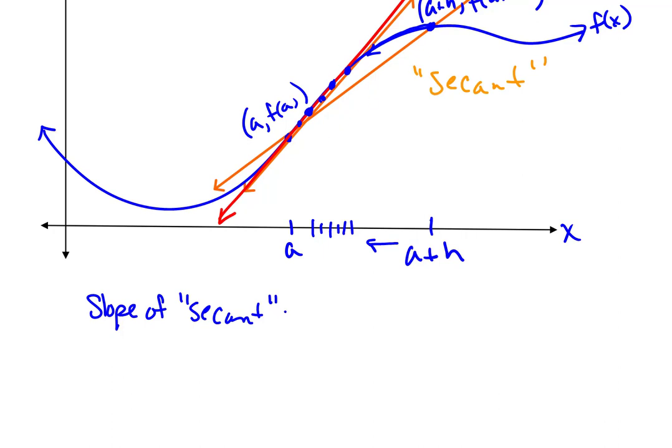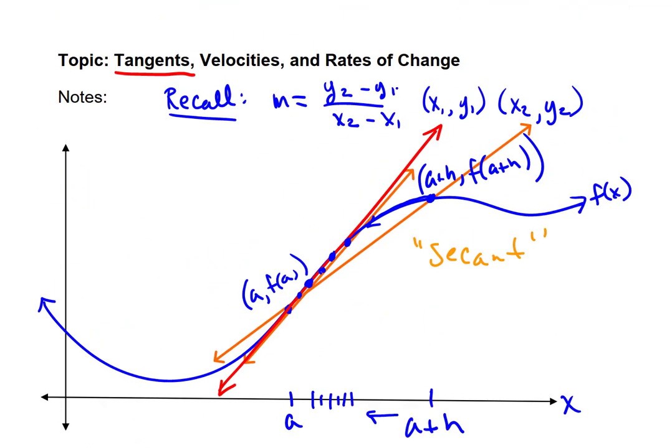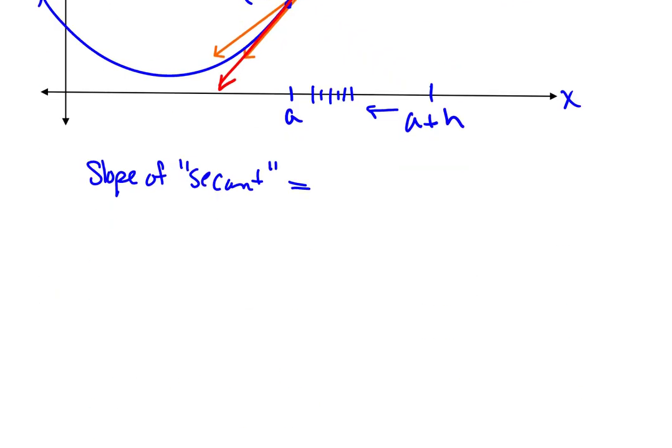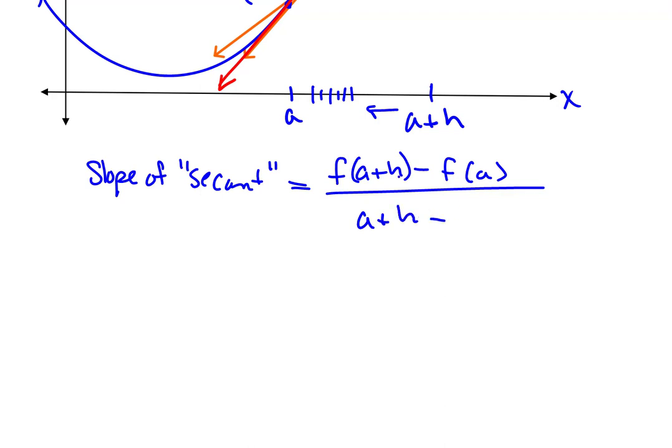But the slope of the secant line, using the same slope formula we started with in algebra, y2 minus y1 over x2 minus x1, would be y2, which you could say is f of a plus h, minus y1, which is f of a, all over x2, which is a plus h, minus x1, which is a.